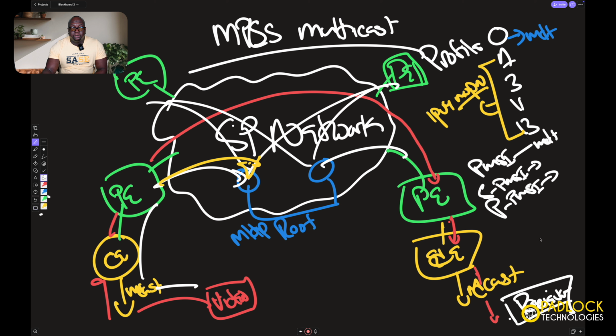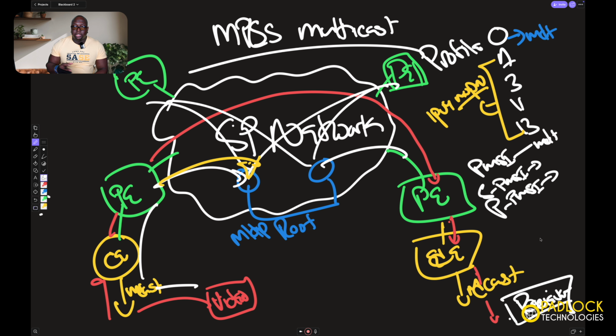Now, your data MDT is going to happen if you go over a certain amount of traffic. If you go over a certain threshold, it will now go onto the selective or the data MDT, and that just gets created every time. So when I do a lab on this and show you the configurations, I'll show you the default MDT, and I'll show you the data MDT configurations.